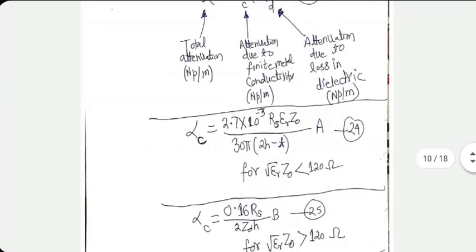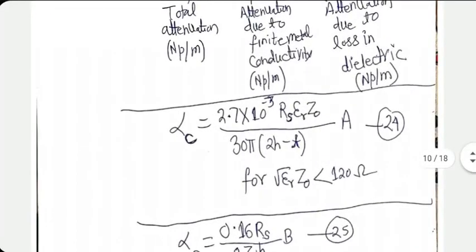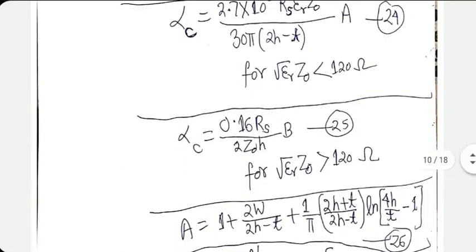Formulas for alpha C are available if you are interested. RS here is what we saw in two-wire line also. Same RS applies here. But what I'll do is, in our case, I'm going to ignore losses throughout. Although I'm telling you that formulas are around to calculate alpha values. For all calculations, I will avoid losses.